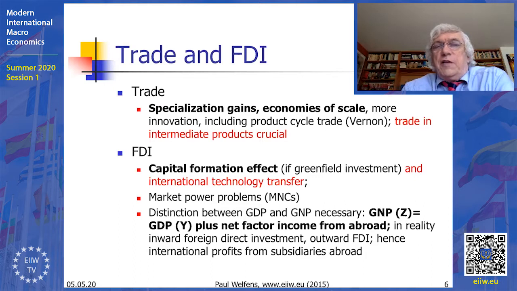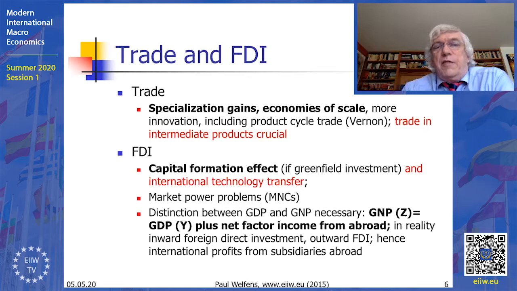With product innovations, it's actually also quite interesting. And here the product cycle trade perspective of Vernon is a starting point. The idea is that product innovations are developed, typically in advanced OECD countries, let's say in the US, or maybe in Germany or Switzerland, or the Netherlands or France or Italy and so on. And could be also, of course, Japan, Korea.